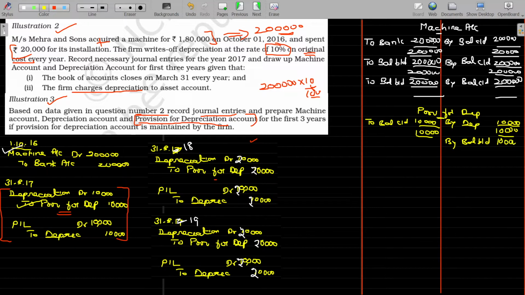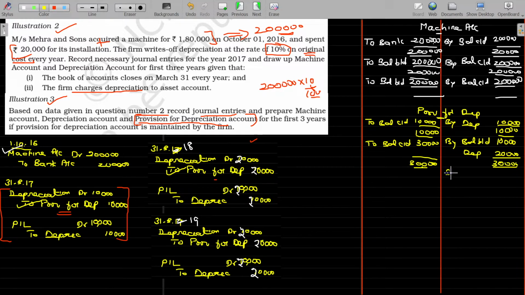10,000. Second year, again I am going to calculate the depreciation 20 for the full year. Provision for depreciation by depreciation. Now the accumulated depreciation is 30. Isn't it? The balance in provision for depreciation being 30 here. To balance carried on.